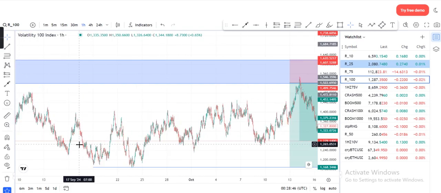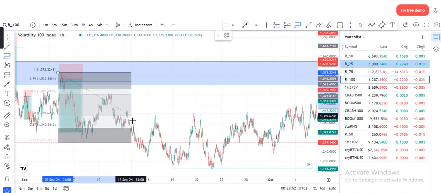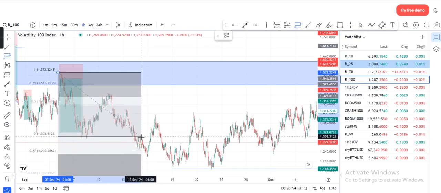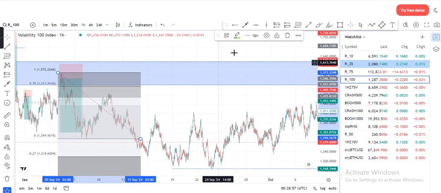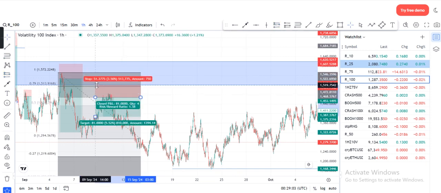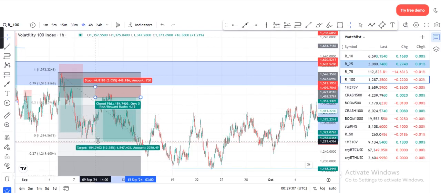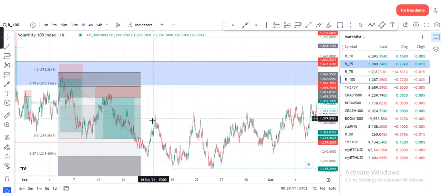I will just do this one last one. We got another entry also around here, from this point to this area, and then market got into our 0.618 level. This was our level for stop loss. This was our level for take profit. So this was it basically.